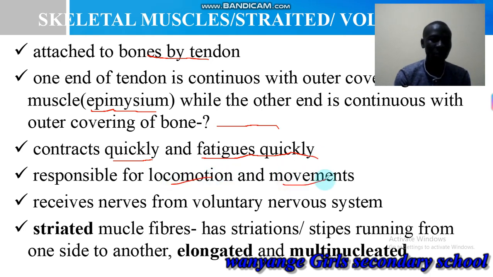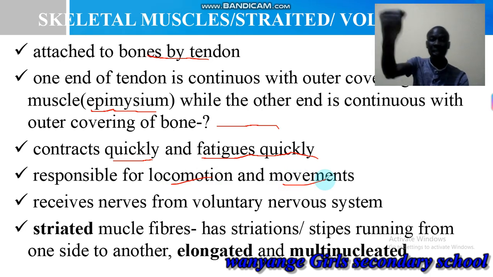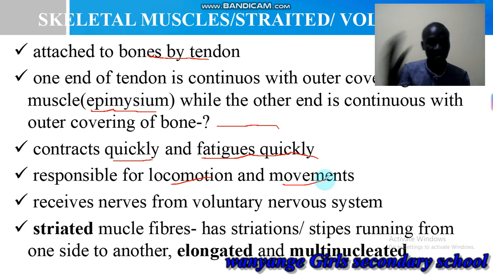That one we know. So it receives nerve fibers and impulses from the voluntary nervous system. Because we said it is a voluntary thing. It cannot contract without me saying, now you contract. So it should be receiving impulses from where? From the voluntary nervous system.